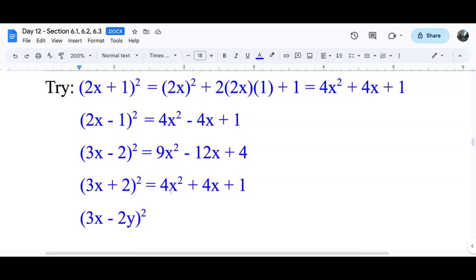Right, the third one is plus. So get 9x squared plus 12x plus 4. Great, last one.